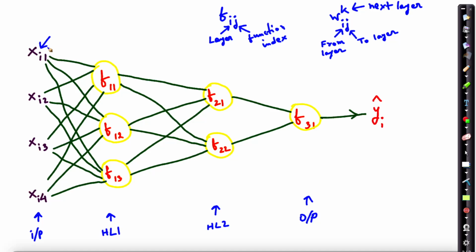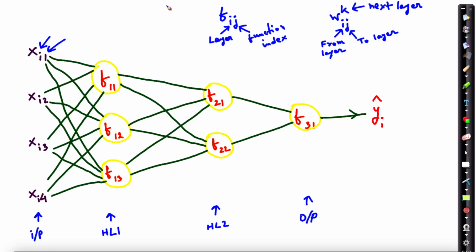This i is the row number of the data set. If I have 1000 rows, 1000 data points, then this i will go from 0 to 999. So i means one current data point. And this 1, 2, 3, 4 is the feature number.